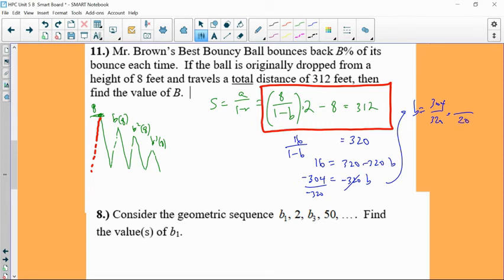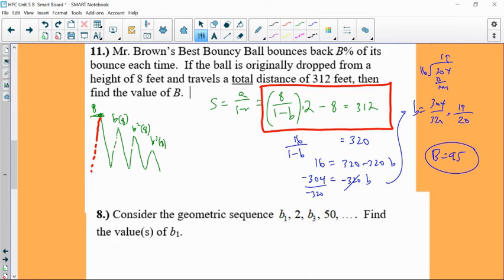I know the denominator is going to be 20. 16 goes into 304 once. That's 16, and then we get 144. So it's 19, and that's 19/20ths. So my B value is 19/20ths, which would be 95%. It's already asking for B as a percent, so we can say B is equal to 95.